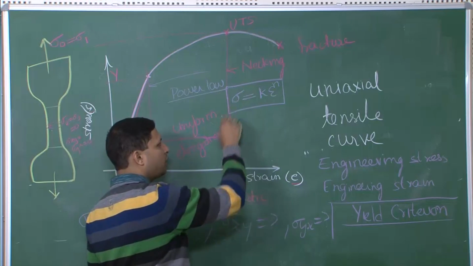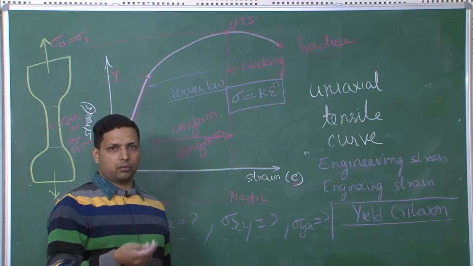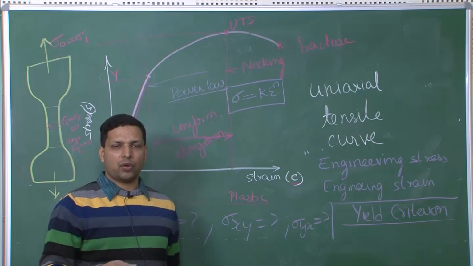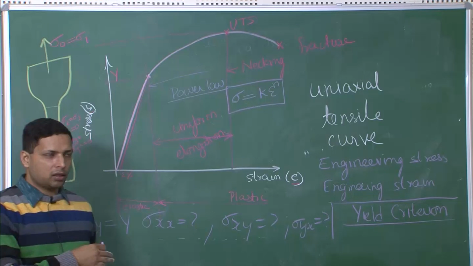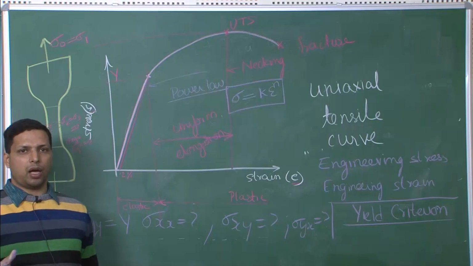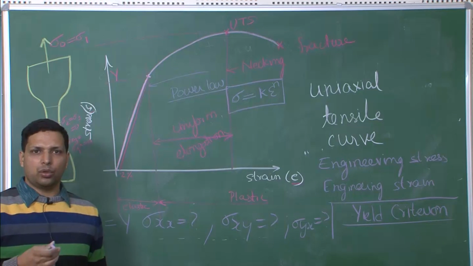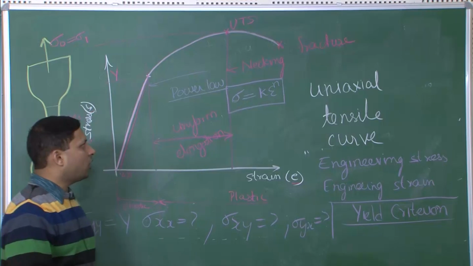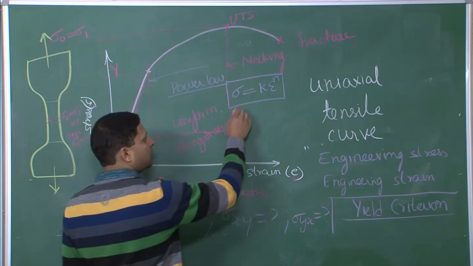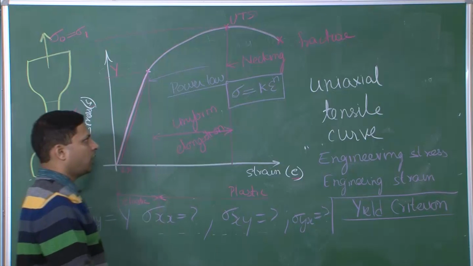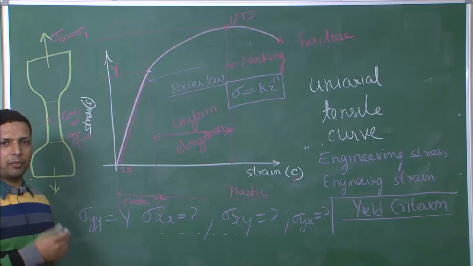Should we define it only for one sigma, which can be sigma yy or sigma xy or sigma xx and so on, up to 6 values, or even in a simple 2-dimensional case up to 4 values? All those things you have to be able to define and look at when we are talking about yielding and plastic deformation.